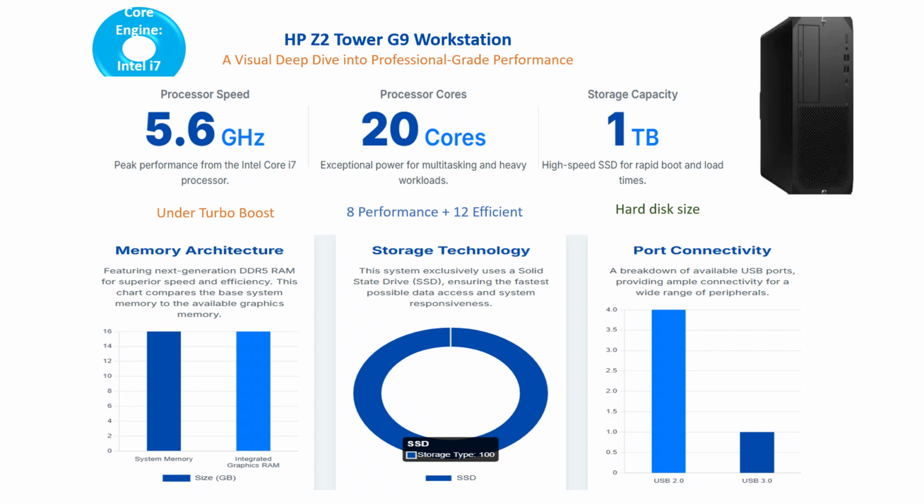Now the processor cores. 20 cores means that the CPU has 20 independent processor units on a single chip.